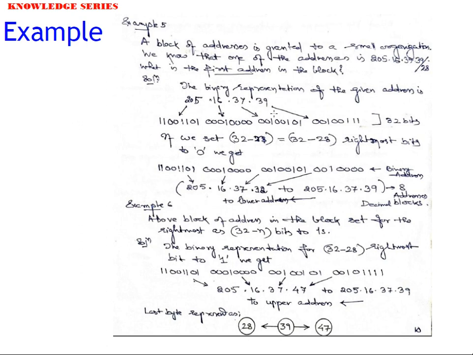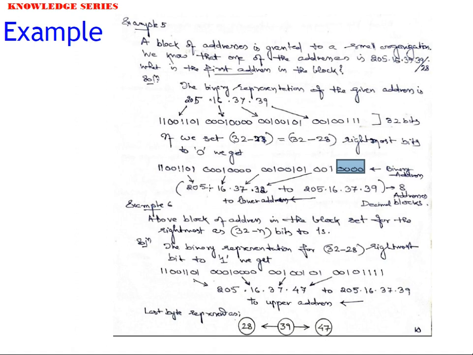If you convert these rightmost bits to 0, as shown here in the form of zeros, then automatically this becomes 32. So 32 indicates the starting address.